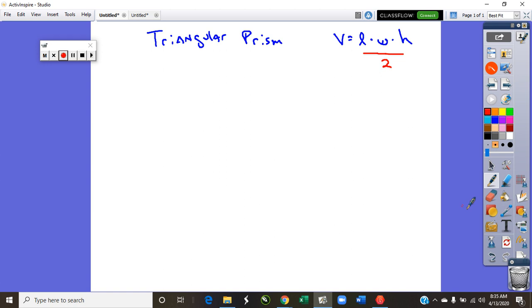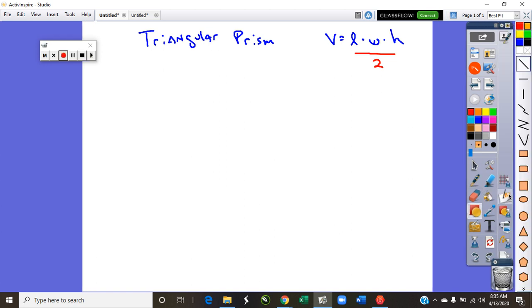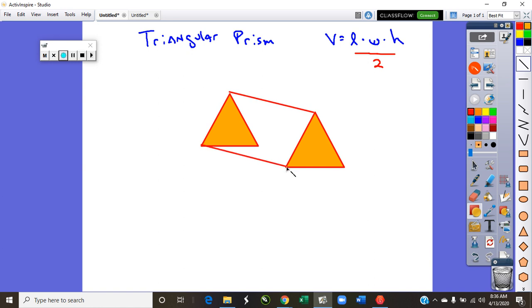Okay, so let's say that I've got a triangle here. Let's say I got another one right here. And I'm going to connect these so that I've got a triangular prism.